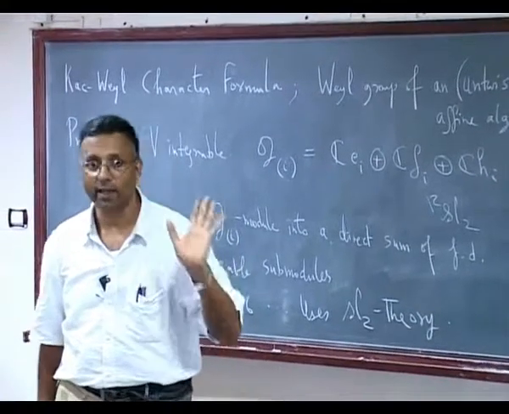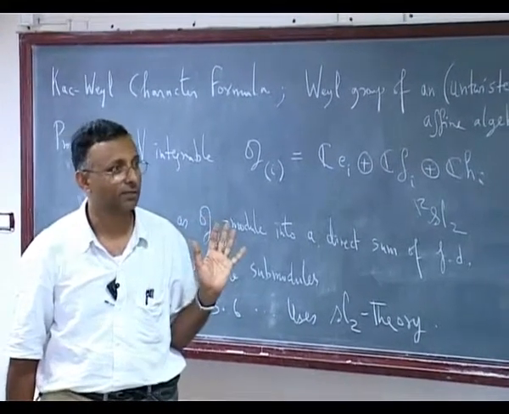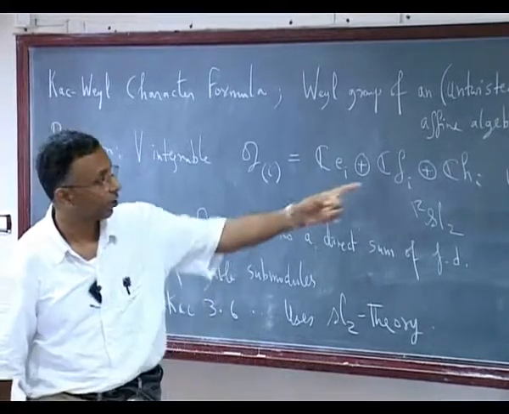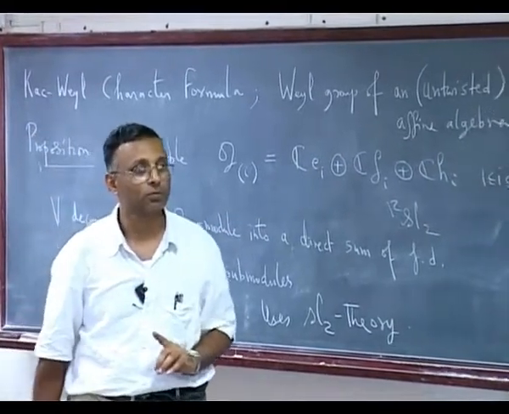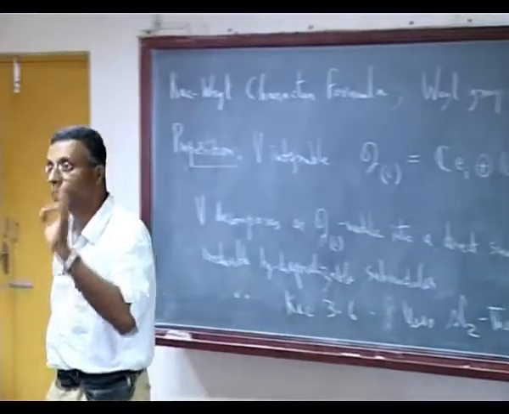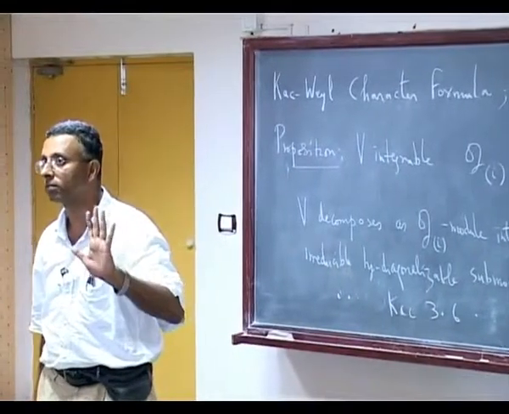It should be H diagonalizable. Please add that. Otherwise, I cannot make the statement that I am making now. So it should be H diagonalizable. That's part of the definition of integrability.